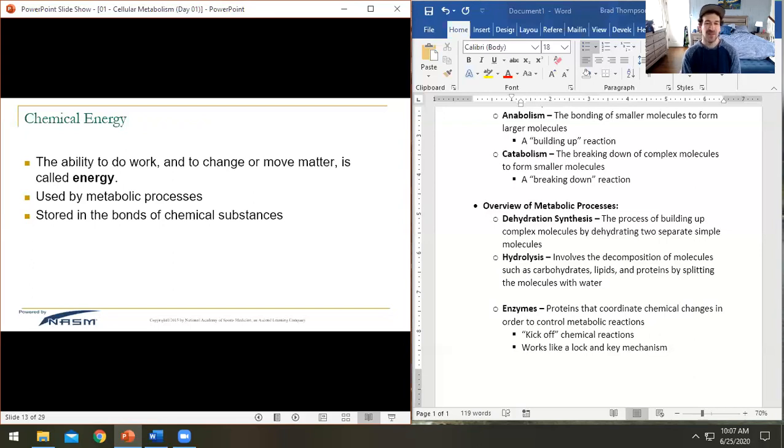So at the end of the day, the reason we're talking about this stuff is because we are trying to come up with enough chemical energy to get us through the activities of everyday life. The ability to do work comes from our ability to extract and create energy. That's where our metabolic processes come from.